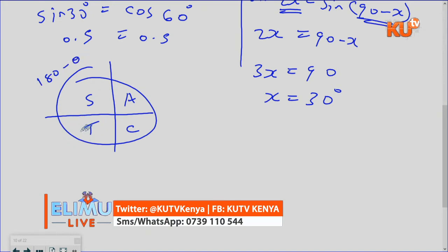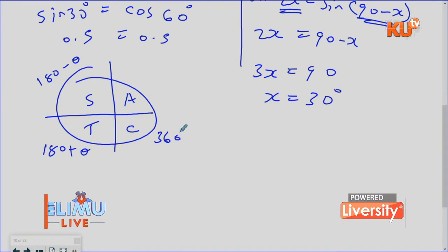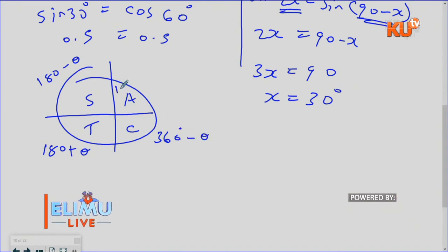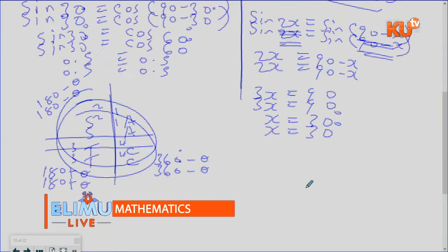To get an angle here, you are to have 180 plus theta. To get an angle in this particular quadrant, you are to have 360 degrees minus theta. This is the first quadrant, the second quadrant, the third quadrant, and the fourth quadrant. You did this in Form 3, unit circle. That was the subtopic. So it's a very good revision.